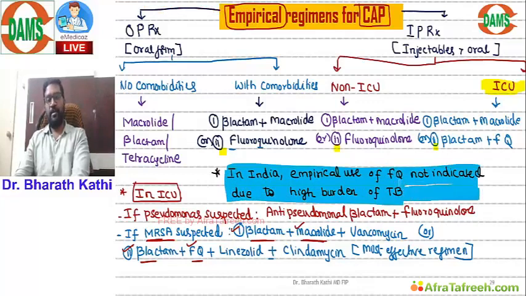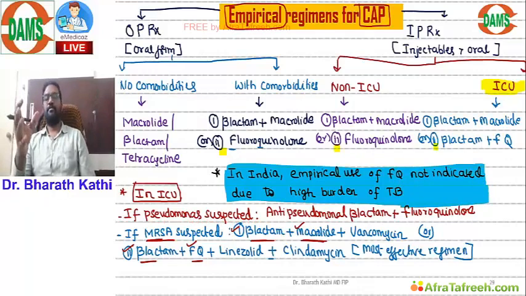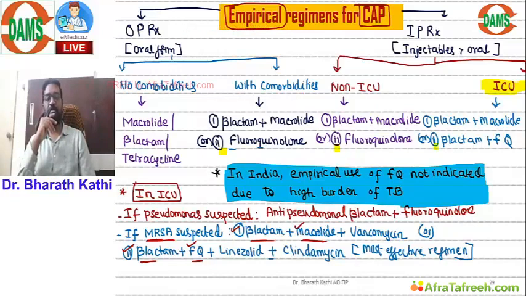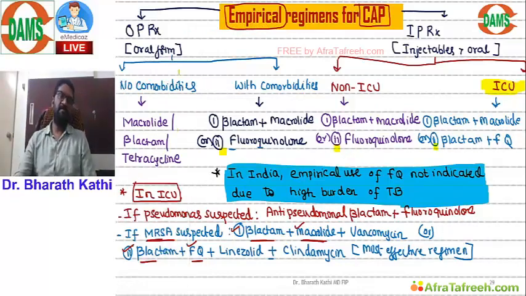So for you to understand easily, I have simplified the empirical regimens of community acquired pneumonia, from the recent Harrison, and the same thing is given in the recent Infectious Diseases Society of America, IDSA, ATS joint guidelines also. So first thing, when you see a pneumonia, assess the severity and decide where to treat.